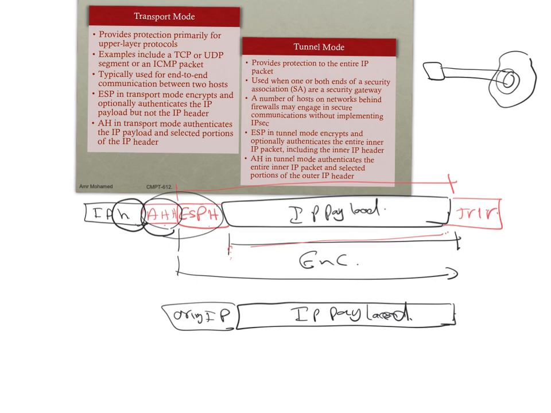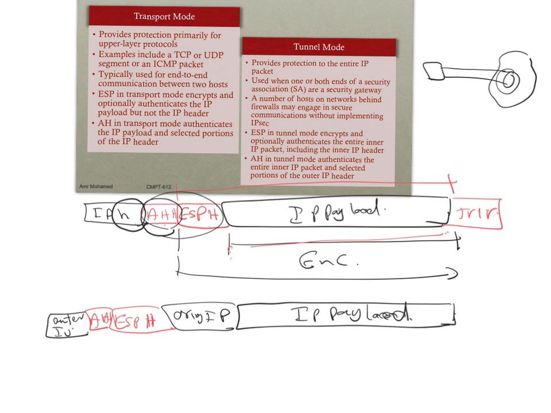Okay? So we add to that the ESP header, and optionally, we'll talk about this in a minute, we can add the AH header. And then after that, we add the outer IP.